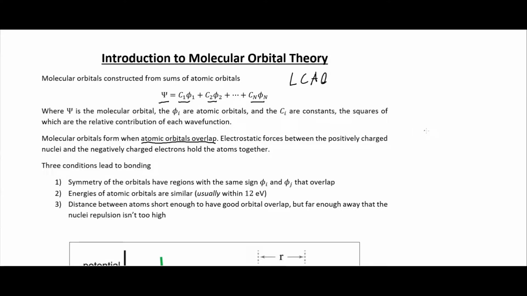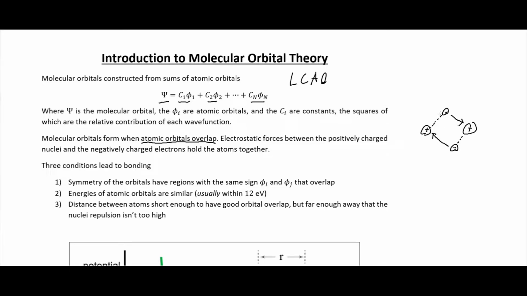And so we can think about it like this. If we have the nuclei right here, then we have our negatively charged electrons. If we have this negatively charged electron on this atom here going to that nucleus there, and this one here going to that nucleus there, there is going to be some attraction to the different nuclei.